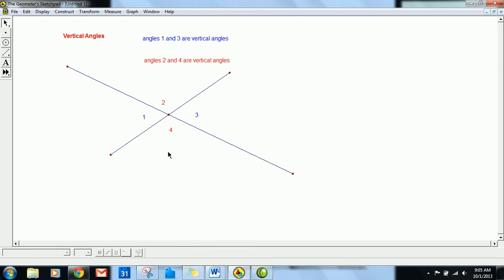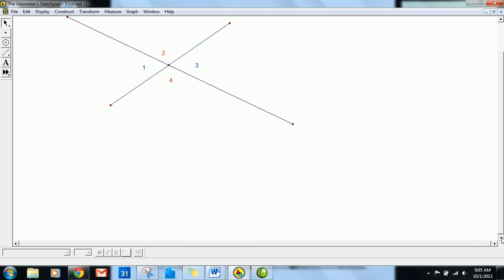Okay? So there's what's called the vertical angle theorem. I'm going to move from what vertical angles are, not really a technical definition, but a general understanding of 2 and 4 being vertical angles and 1 and 3 being vertical angles, and now we're going to move to the vertical angle theorem. This is our first theorem, and remember, a theorem is something that's been proven to be true.